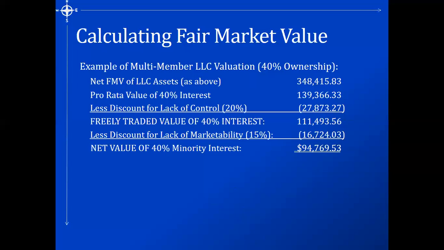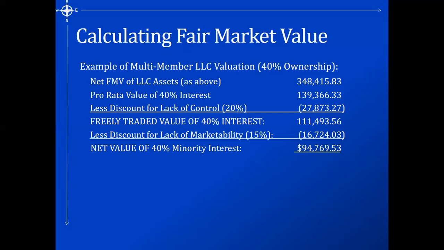Now, determining what that discount is, is really what most people rely on business appraisers to do. They do that based on their knowledge of the markets, and of the private markets and similar things that are sold, and they do a lot of research, etc. So they will choose the lack of control discount, and I'm putting in 20% here because I've seen that discount used a number of times.